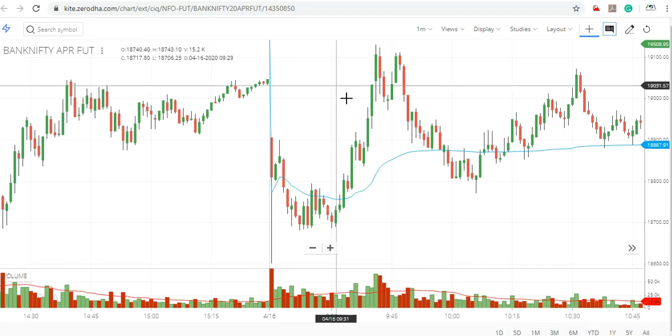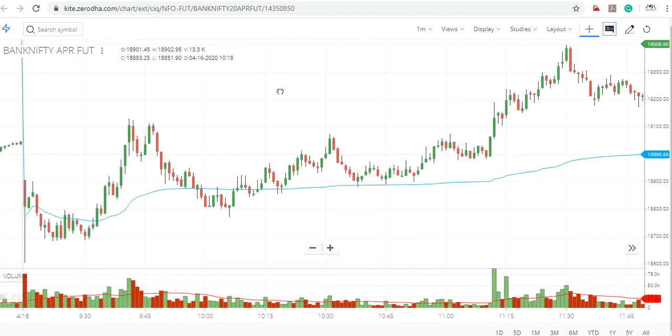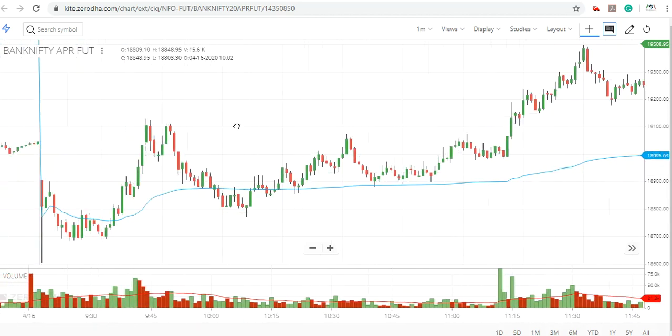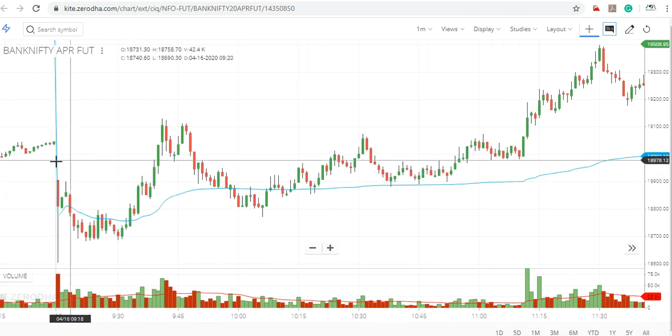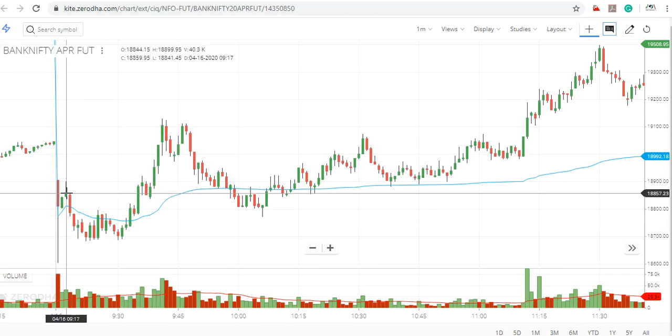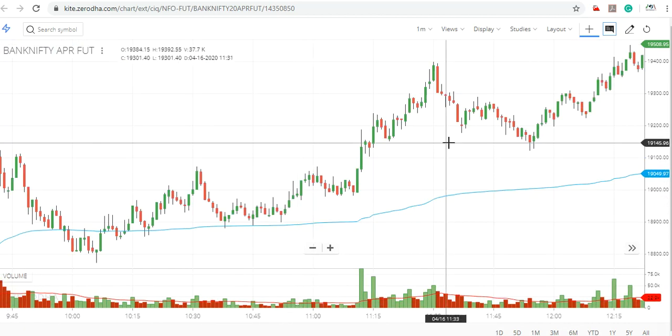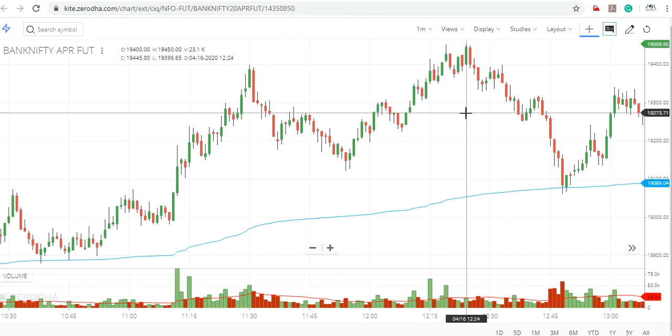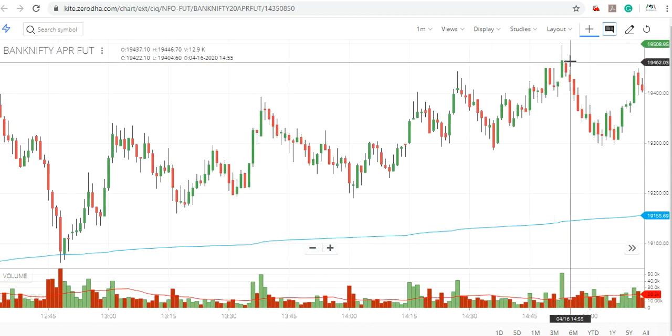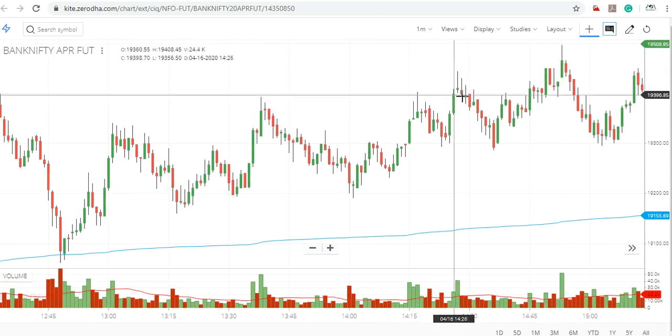Here see today's chart. This is the first candle. What we have to look for, as I told you, is a candle pattern which has a long wick and small body. This is the ideal condition.